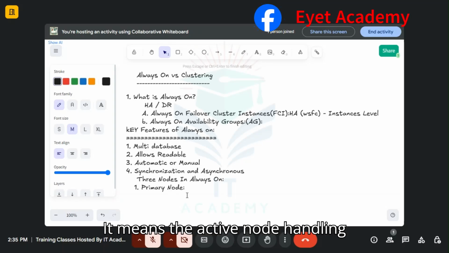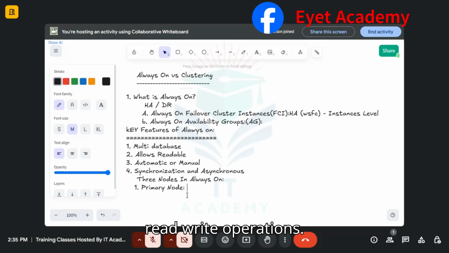It means the active node handling read and write operations.